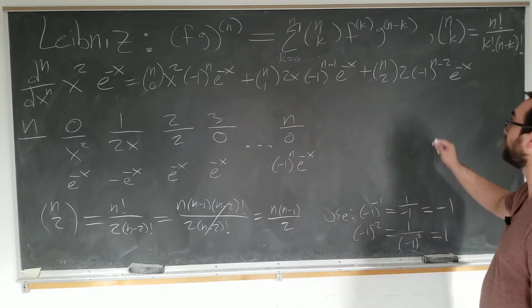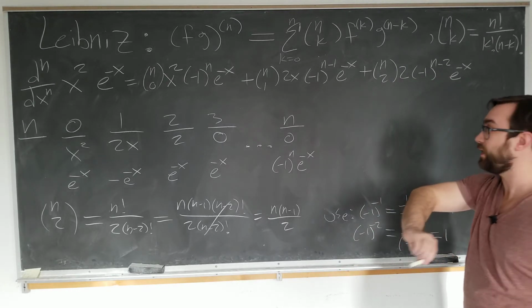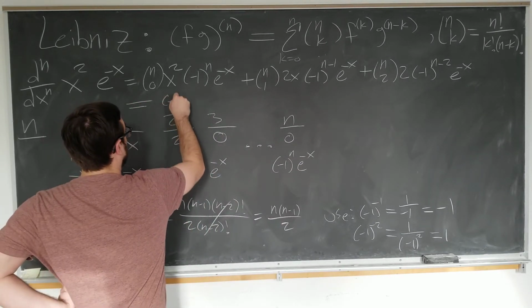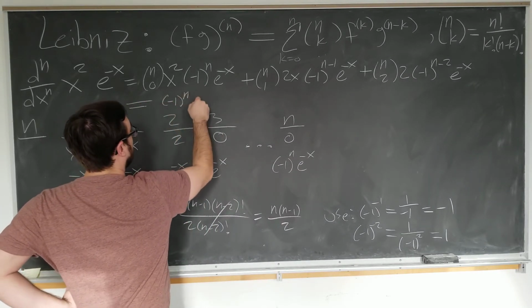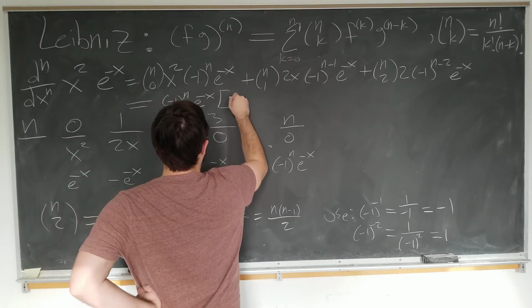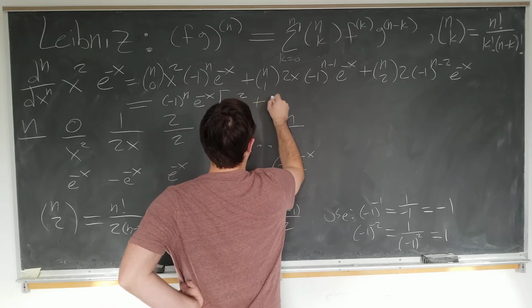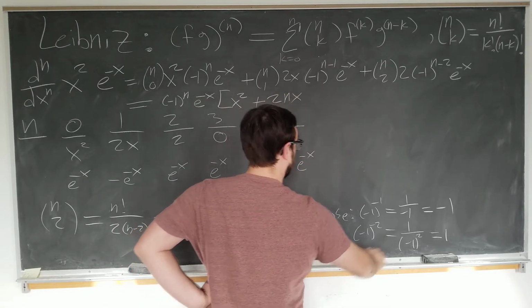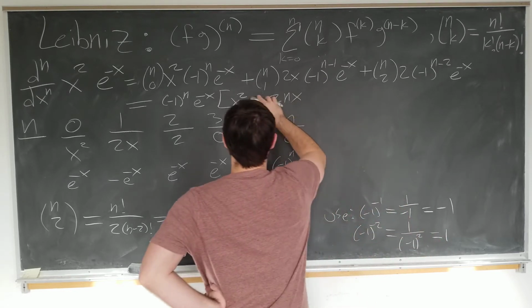So this allows us to factor out the (-1)^n. So we're going to have a (-1)^n factoring out, and an e^(-x) factoring out. And this is just going to be x squared plus 2nx, sorry, minus 2nx.